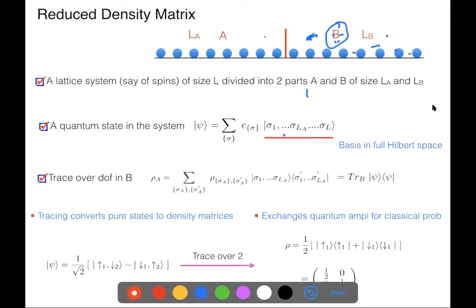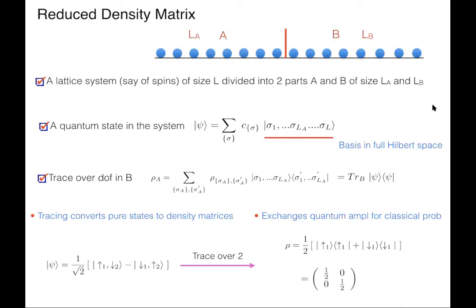Then what you can do is trace over those degrees of freedom in the quantum mechanical sense. A single eigenstate will now look like a density matrix, but living only in the Hilbert space of A. That object is called a reduced density matrix. One way of thinking about density matrices is to think of choosing quantum states with classical probabilities.